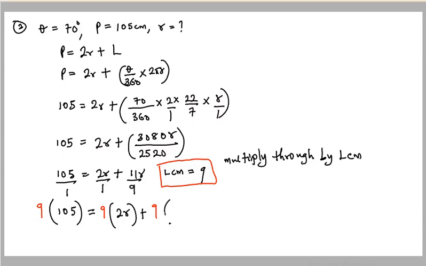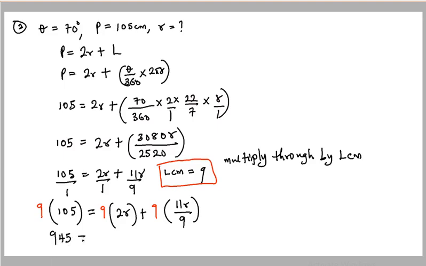So 9 multiplies 11r over 9. So what happens now? Multiply 9 by 105. 9 times 105, we have 945.